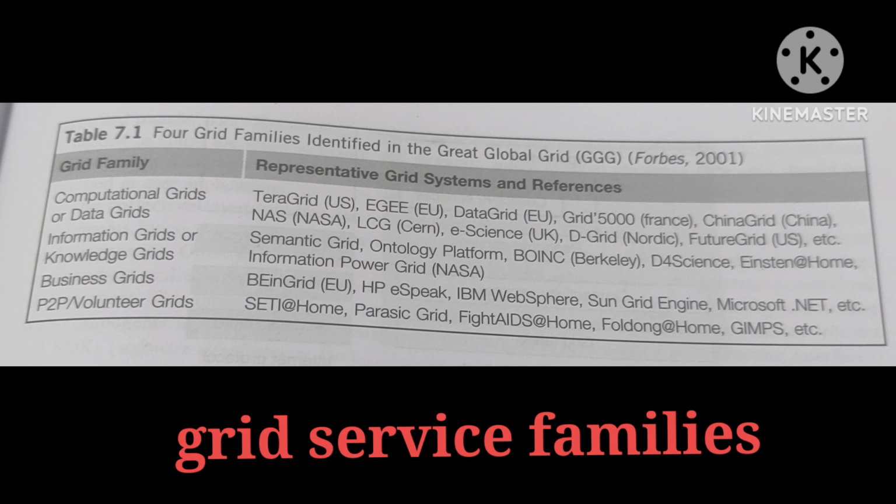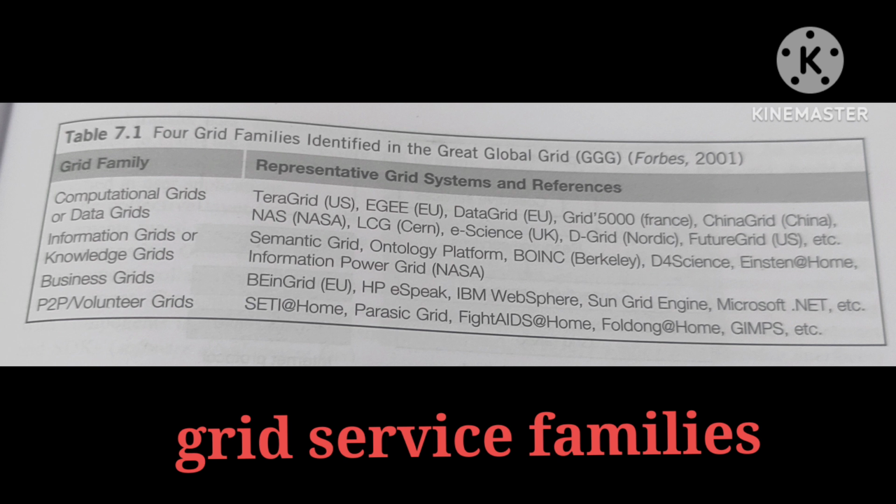Next, the second type of grids, information grids. Examples are semantic grid, ontology platform, BOINC, D4Science, Einstein at home. All these are examples, and Information Power Grid is also an example of information grids. The third one is business grids. Examples are BEinGRID, which belongs to Europe, HP Utility, IBM WebSphere, Sun Grid Engine, Microsoft .NET.